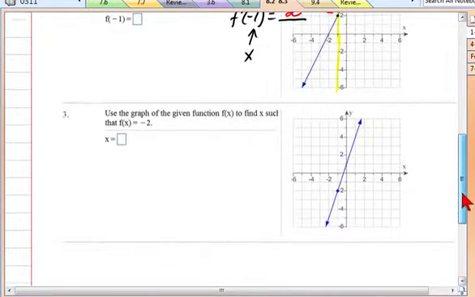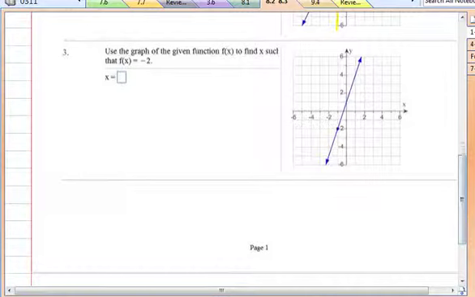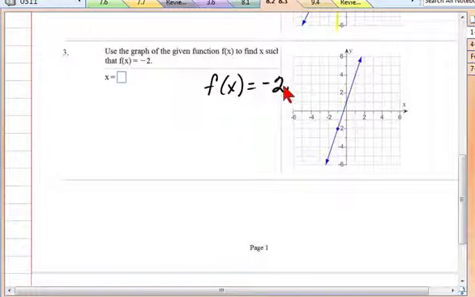Number 3. It says, use the graph of the function to find x such that f of x is equal to negative 2. Now this time, what did they give you? They gave you the y. They want to know what the x is.